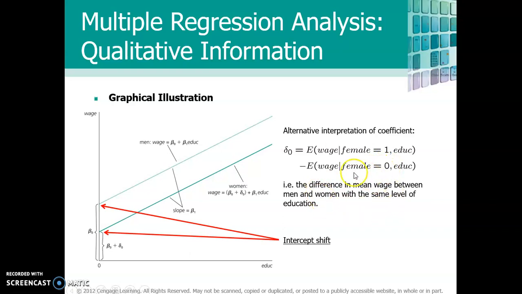In other words, the mean difference between the wages of men and women would be zero if there is no difference between the two. And obviously we will then have the intercept shift.